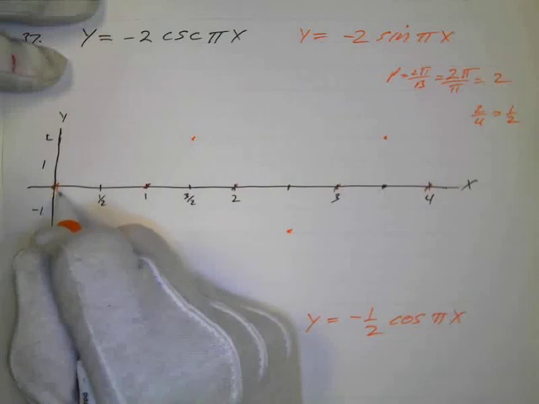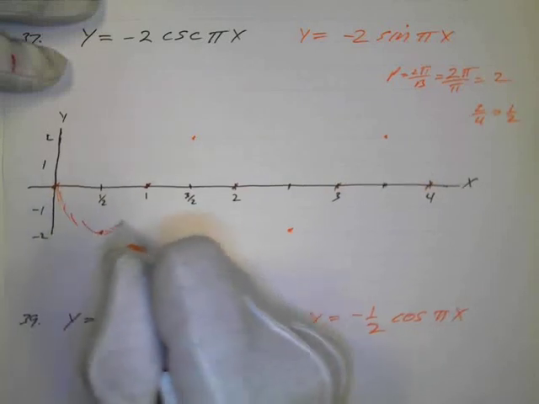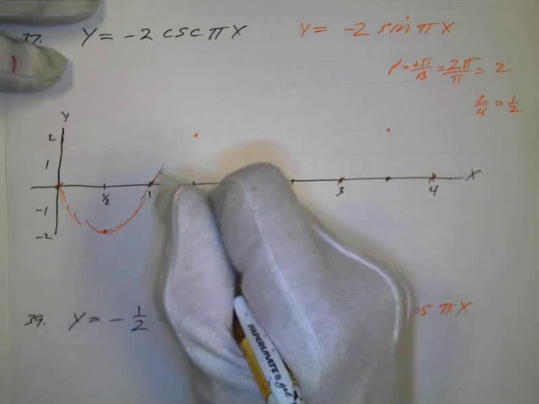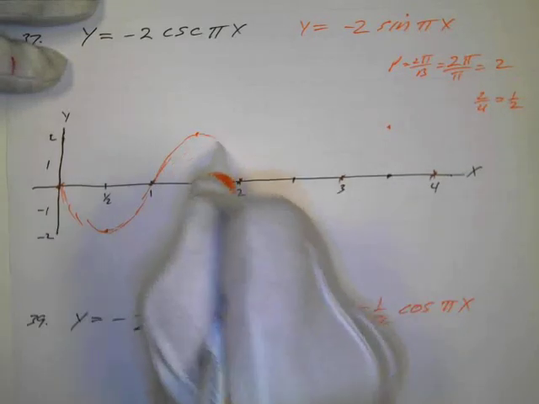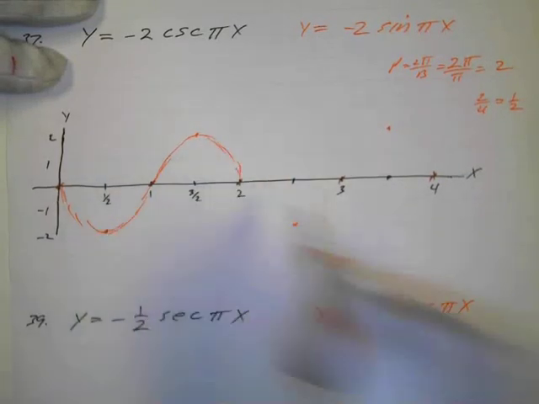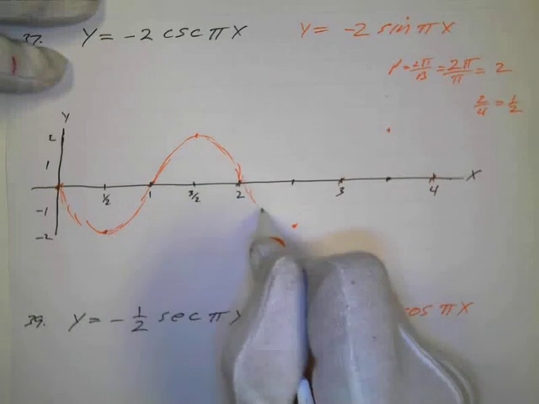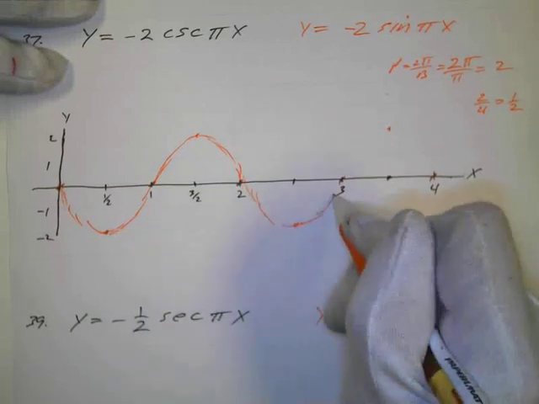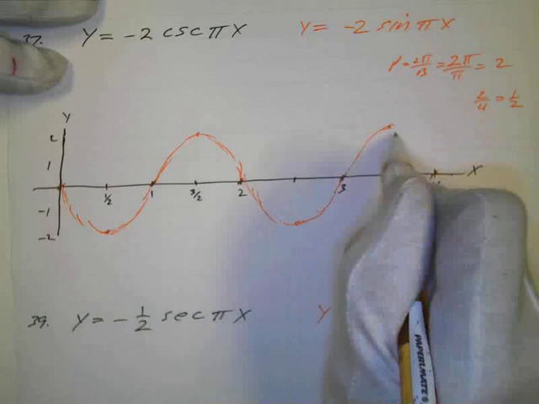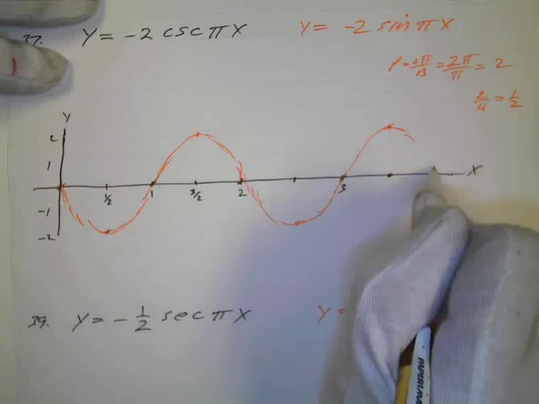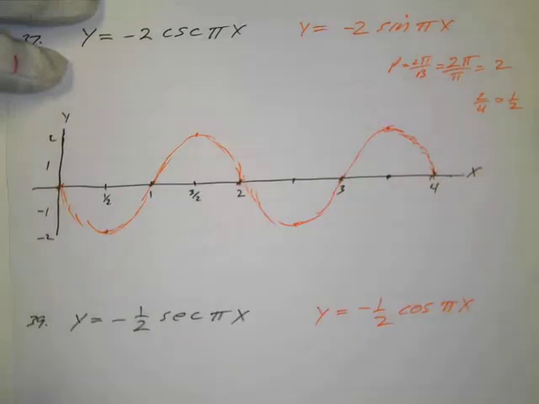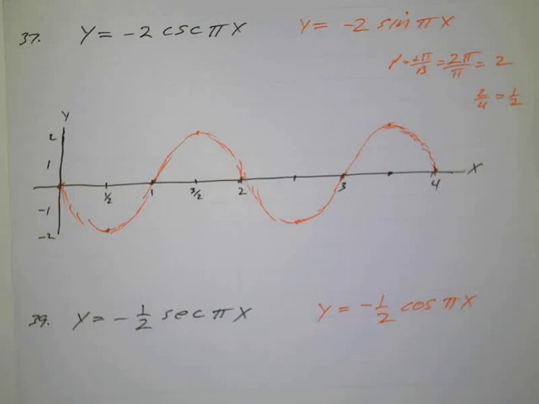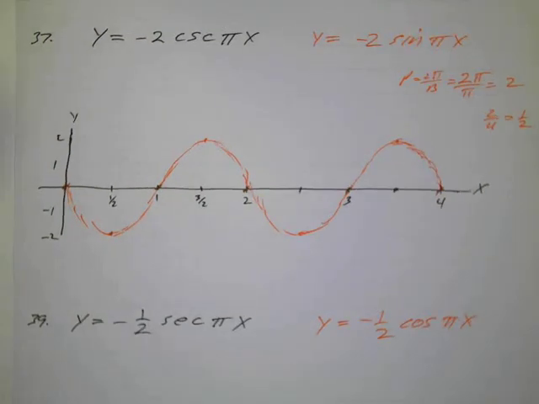So I'll graph this. There's one period, and here's another one. There you go. So there's your two periods of our reference function.